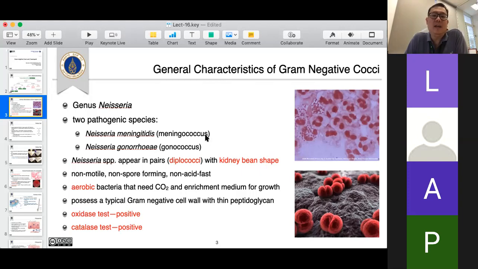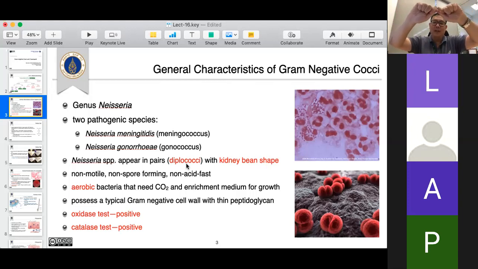Neisseria will show up as diplococci. So normally, if you think about diplococci, you probably think about Streptococcus pneumoniae. How can I say? Their cells are kind of oval, not round.